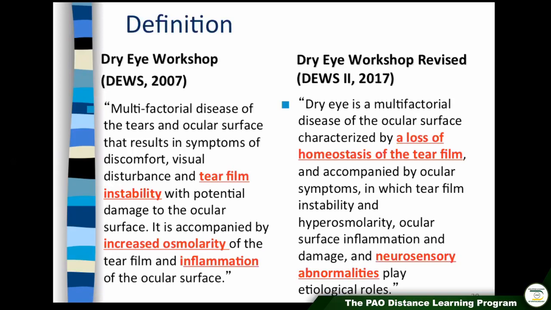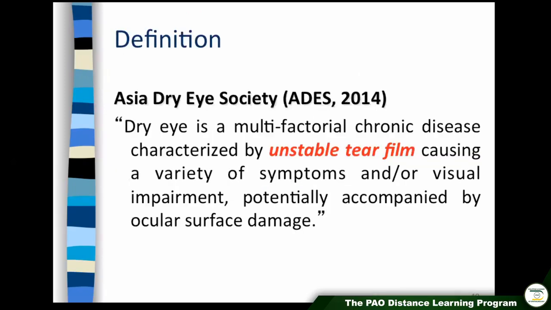So it's quite a complicated definition itself. The Asia Dry Eye Society came up with its own, focusing on unstable tear film causing a variety of symptoms and visual impairment and potentially damaging the ocular surface.